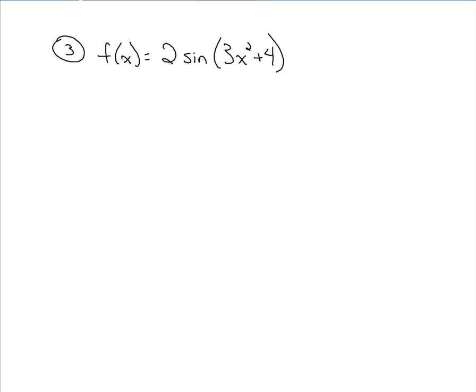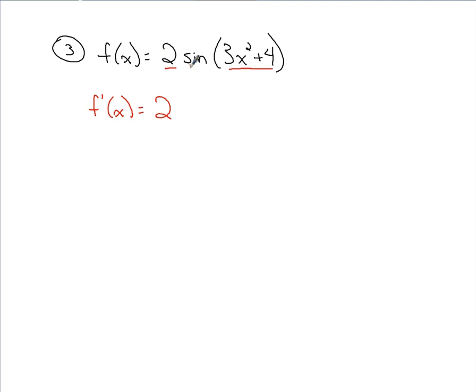We take the derivative of this function, f prime of x is going to equal, got this 2 in front of the trig function. That 2 is just coming along for the ride. As we look at how the trig function is set up, this right here is the quantity that's being plugged into the function overall. So when I take my derivative, I'm going to start by taking the derivative with regards to the sine part.